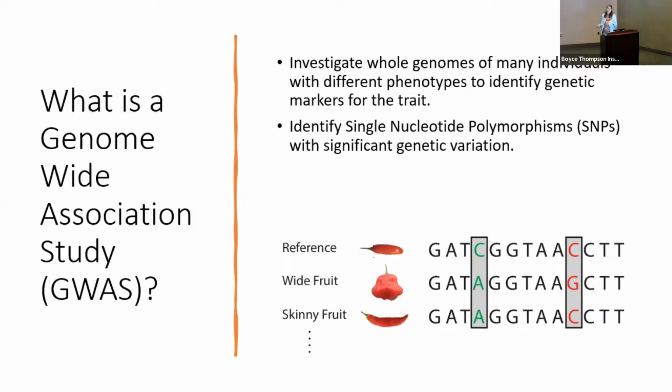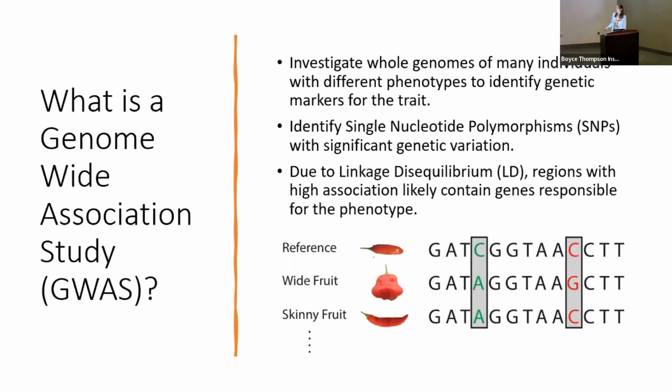This is what the GWAS looks at for the entire genomes of many accessions, and it gives each of these SNPs a p-value based on how much association they have with the phenotype. And then from that, we can look at the linkage disequilibrium, because the regions that are highly associated are likely to contain genes responsible for the phenotype.